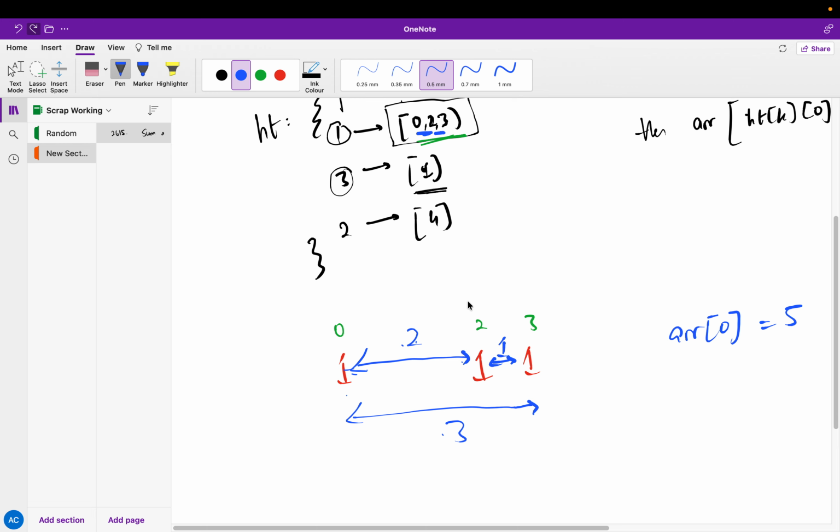And then if I focus on this guy, it's basically the same thing, except I don't have to do the full 3. I just have to do a 1.